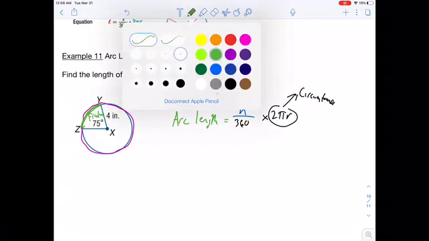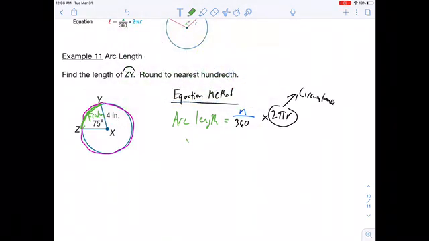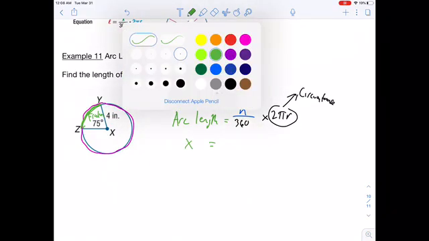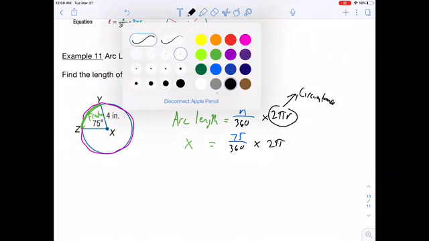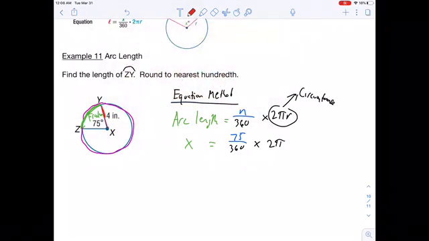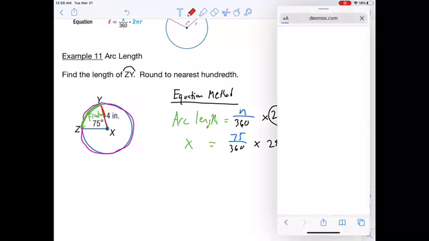We don't know what our arc length is, so that's going to be our x. Our central angle is 75 degrees, so 75 over 360 times 2 times pi times the radius of 4. And really right here, guys, we're just plugging this into our calculator.